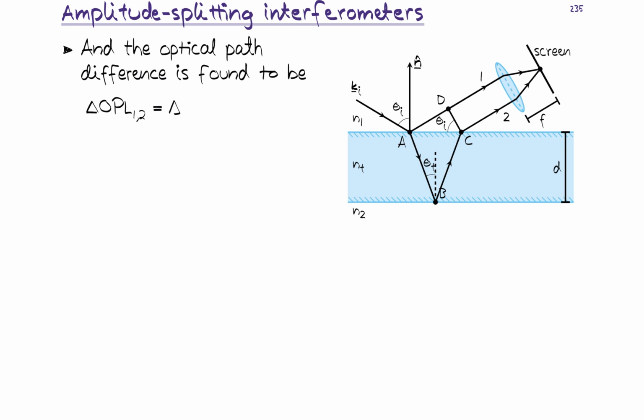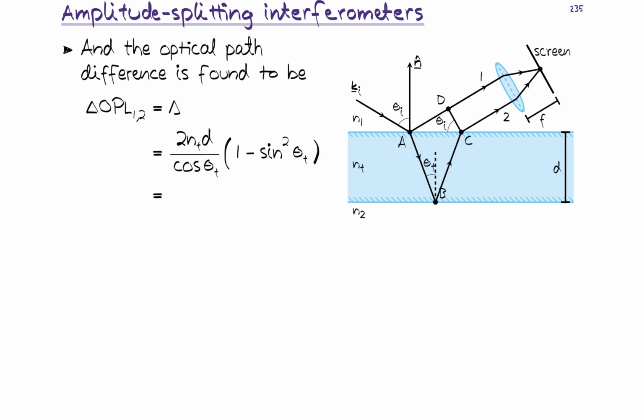To help our math later on, we just use a simple capital lambda, and this is equal to 2 times nt times d divided by cosine of theta t, times 1 minus sine squared of theta t. So essentially we took the two equations, calculated their difference, and this is what we get out.